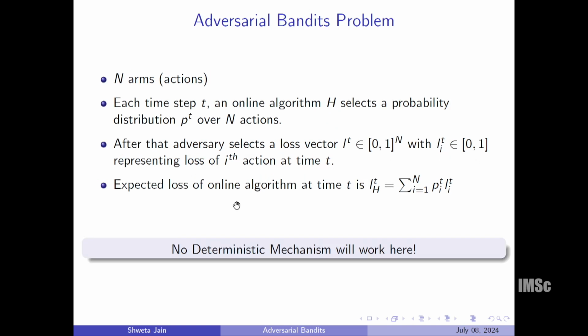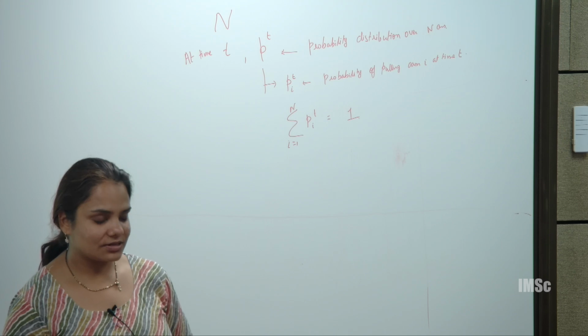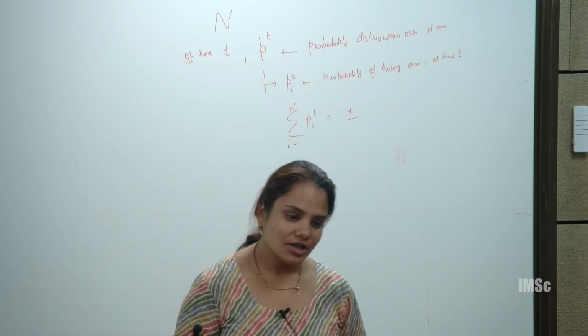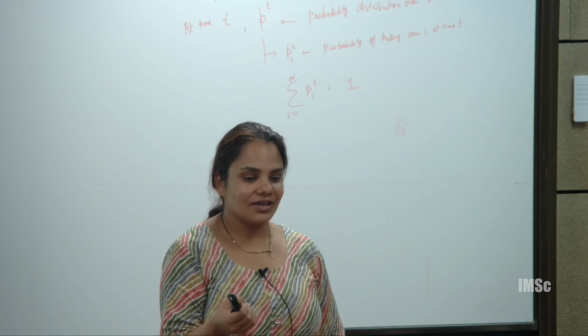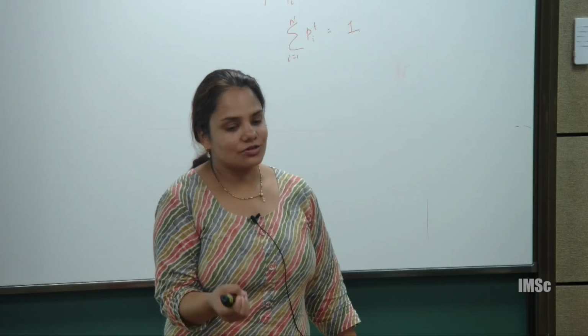Why is the adversary choosing the loss after it sees what the algorithm is doing? Because when you give guarantees that your algorithm performs best under any possible condition, the adversary, by its nature, is a very strong adversary.